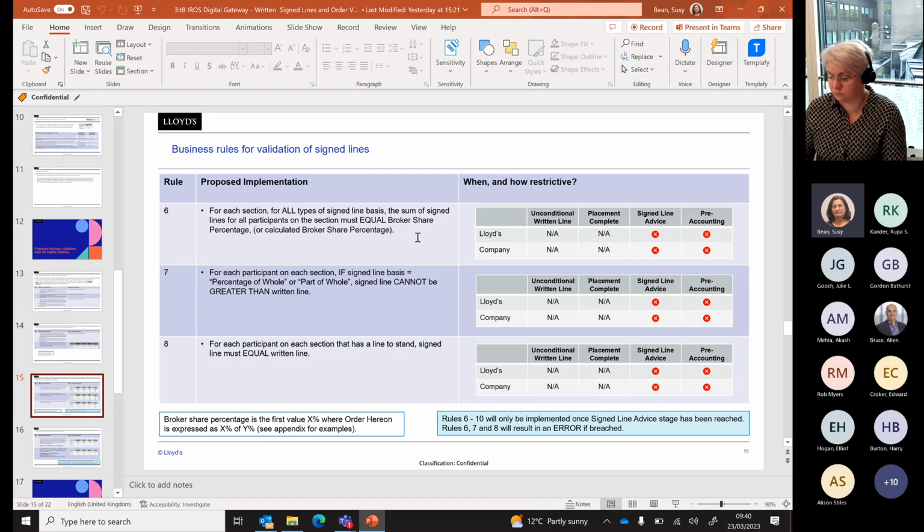We started off with 4 rules for each different type of basis, but then we worked out that mathematically, if you make it equal to the broker share percentage, it's basically one rule. So do people agree that this should be a hard stop? If the sign lines don't add up to the broker share percentage, it should be an error.